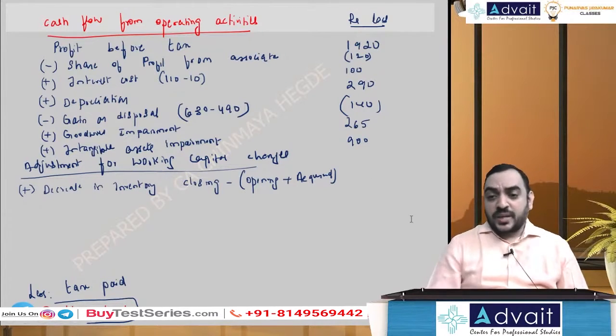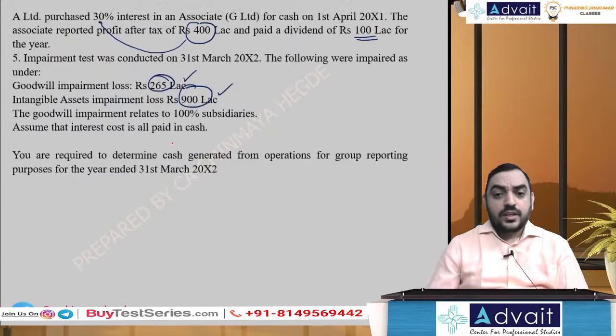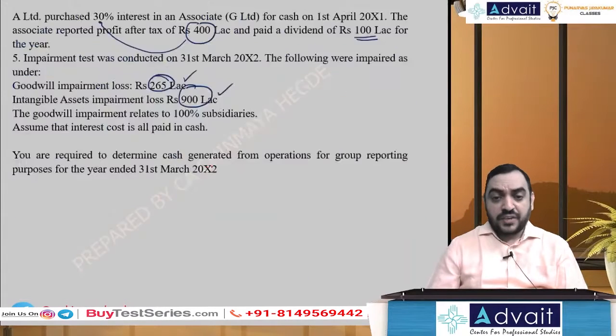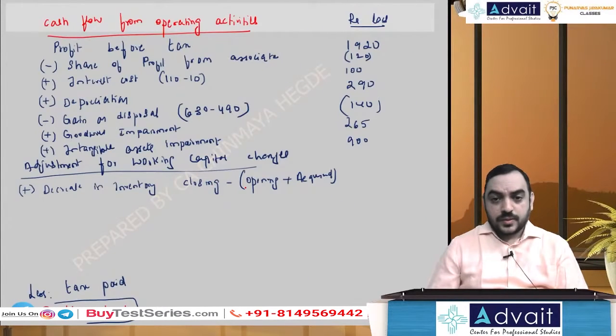Okay, anyway, so let me move further on this. So what is the closing balance amount of inventory? Closing balance amount of inventory is 1550, opening 1900.